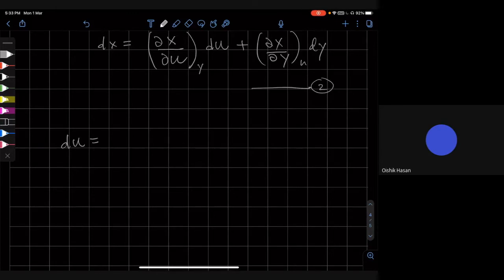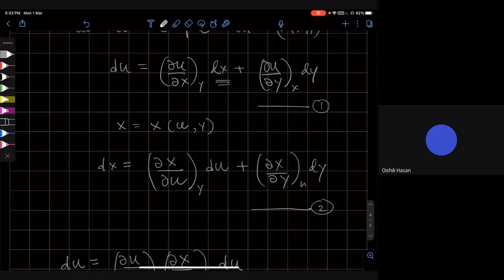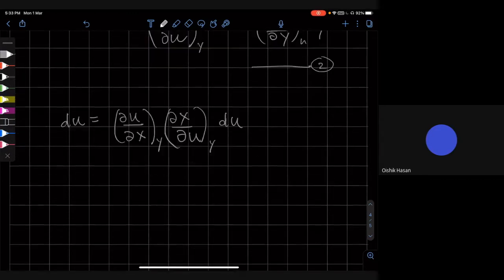On the right-hand side, after a little bit of rearranging, we get a term which is (du/dx) at constant y times (dx/du) at constant y, multiplying du.